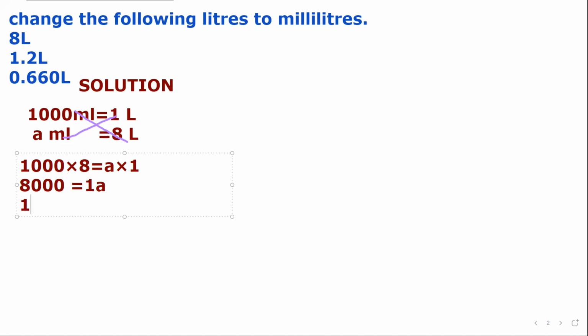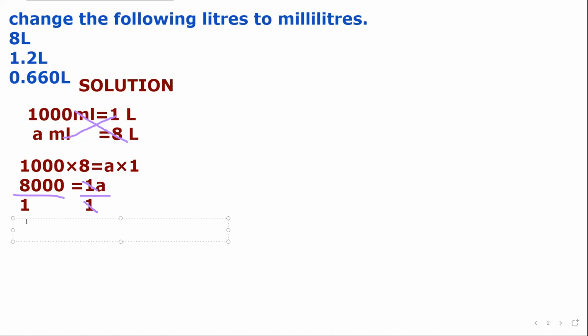Divide both sides by the number attached to the letter. So that this one here will take care of this one. Now A is free.